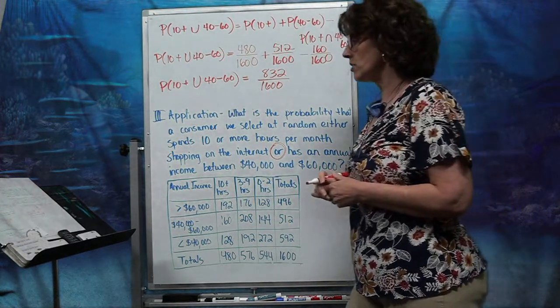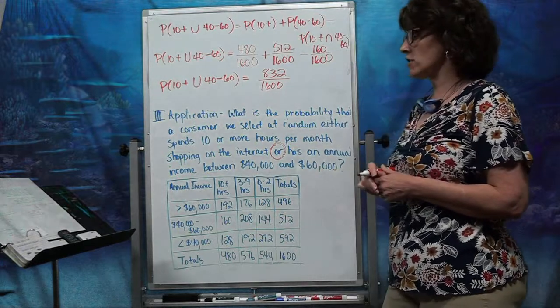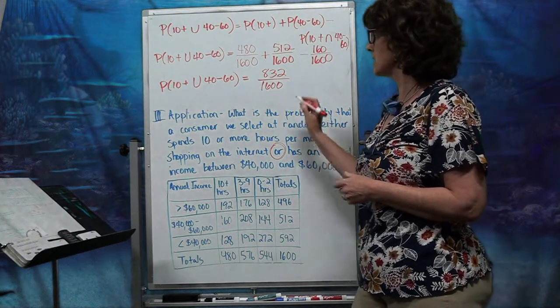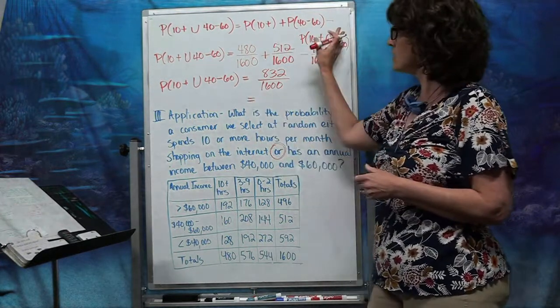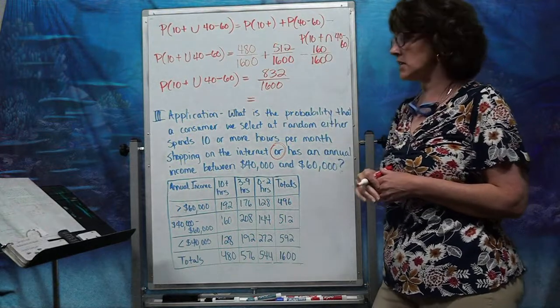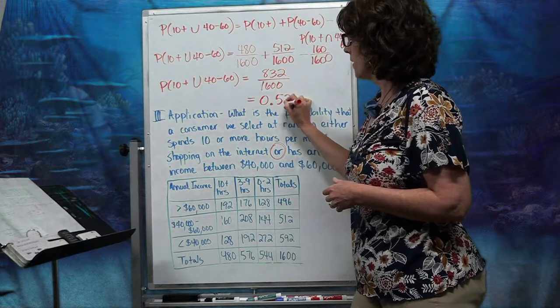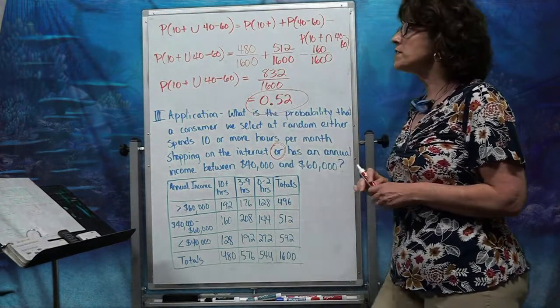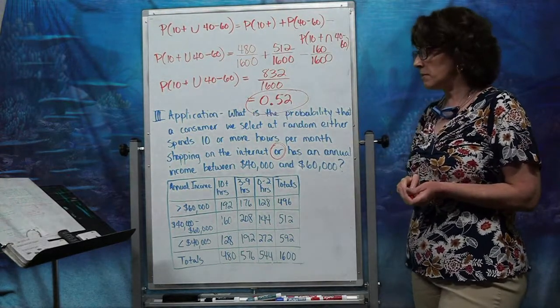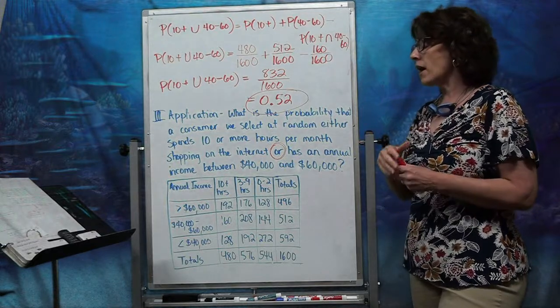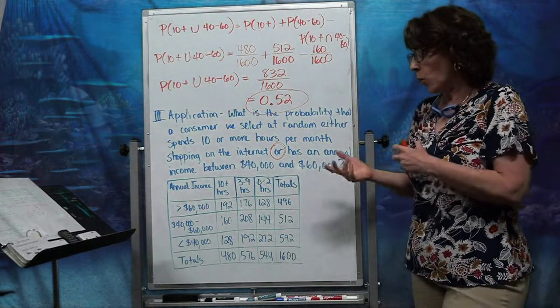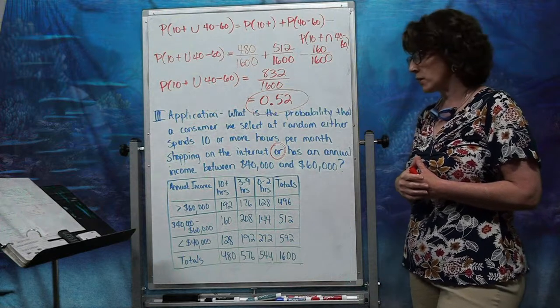Now I'm going to simplify that fraction of 832 divided by 1600. Since this was typically reported in decimals, I'm going to report it as a decimal, 0.52. And that means that 52% of the people will either shop 10 or more hours or have an annual income between $40,000 and $60,000.